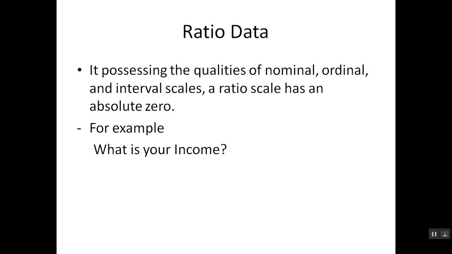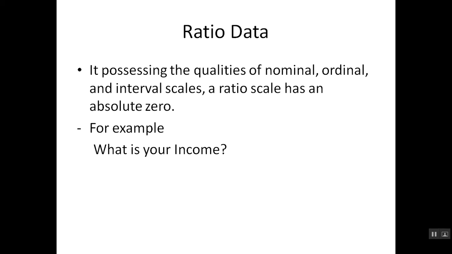Now, the fourth type of data is ratio data. It possesses the qualities of nominal, ordinal, and interval data, and ratio data has an absolute zero.